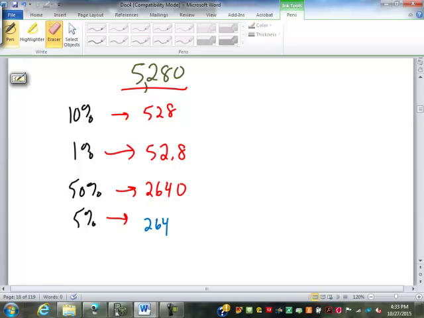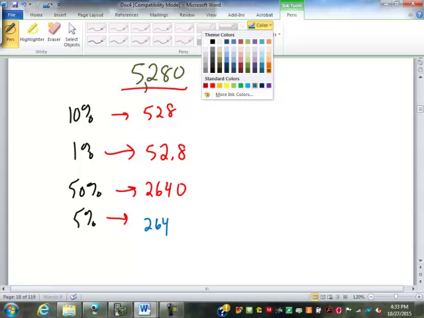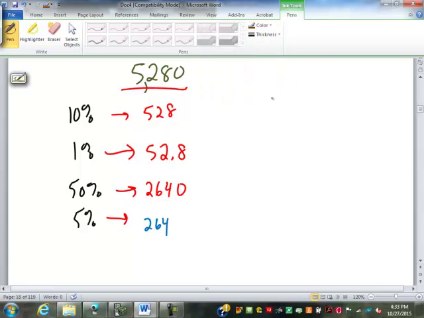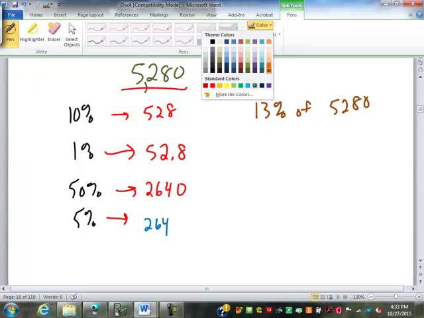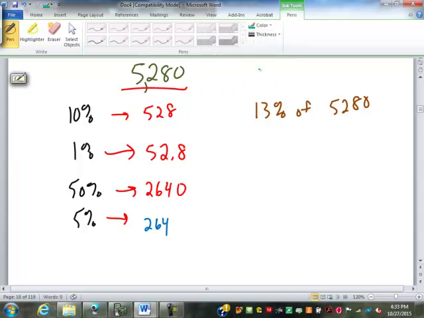So we have those benchmarks. From those benchmarks, let's find 13% of 5,280. Well, 13% can be thought of as 10% and three 1%s, right?